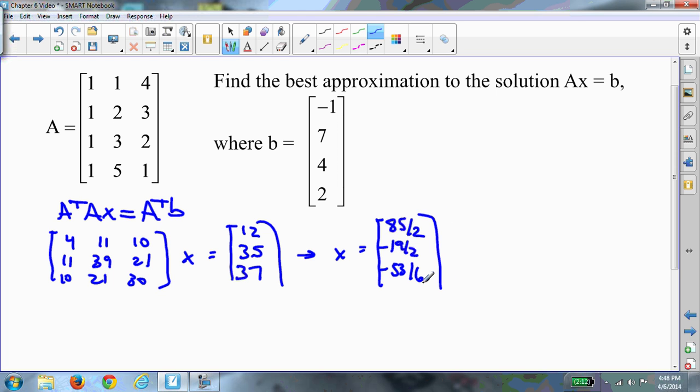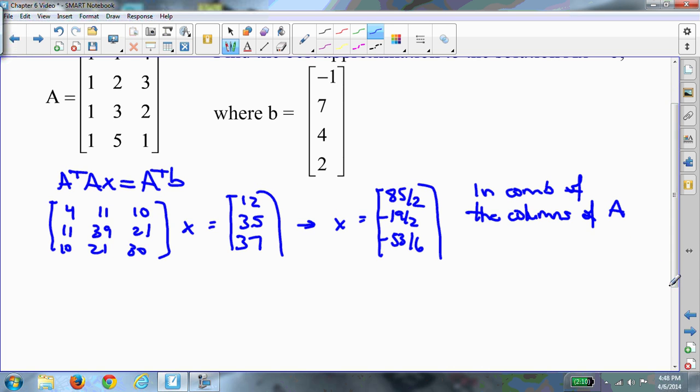Now, x represents the linear combination of the columns of A. So x is actually not the approximation of B. x is just what combination of the columns of A would represent an approximation of B. So the actual approximation of B is what it would look like if I were to use the basis vectors in A. So the approximation of B is actually Ax.